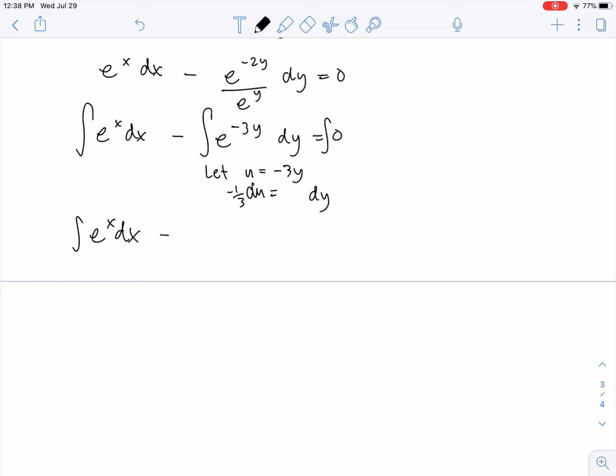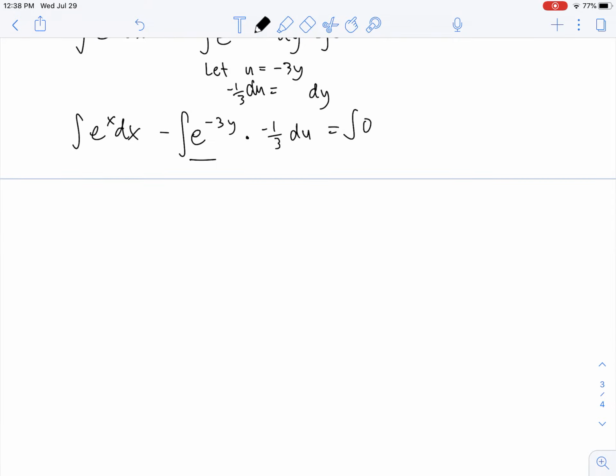Then, minus the integral of e raised to negative 3y multiplied by dy, which is negative 1/3 du is equals to integral of 0. Okay, simplify na po natin eh.